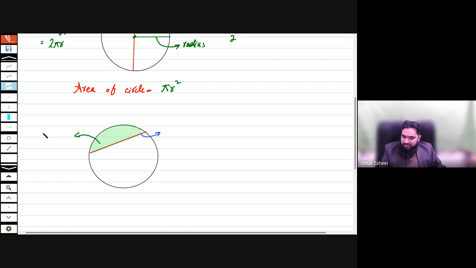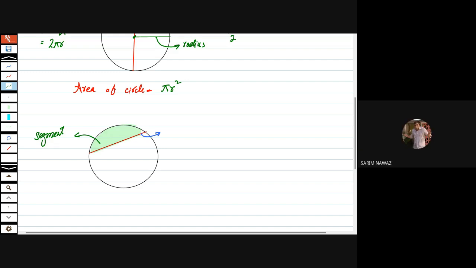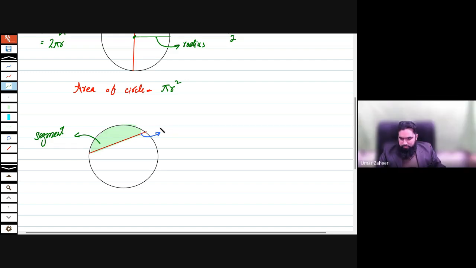This complete portion is known as a segment. But I'm going to be asking about this line. Anyone? Sir, a chord. Yeah. It is the chord of a circle.